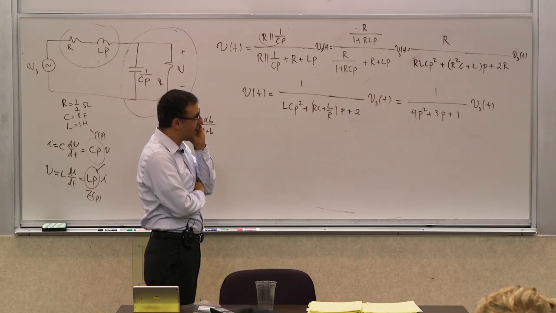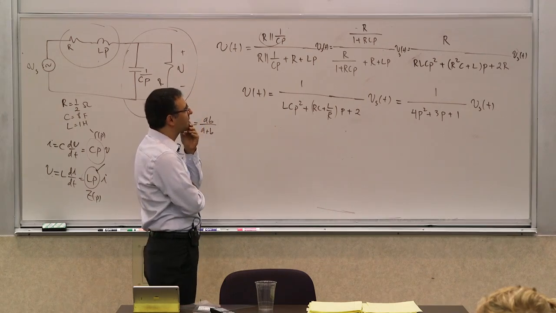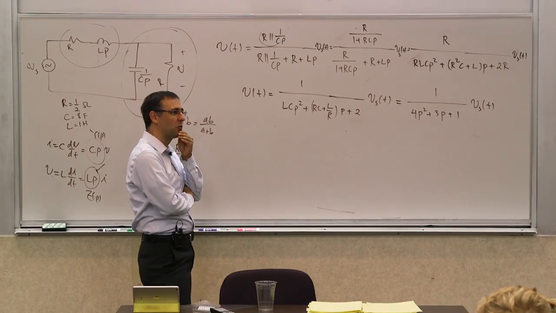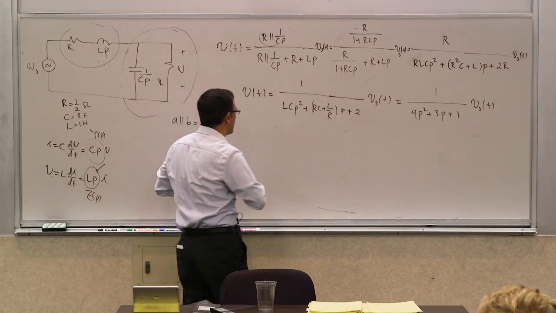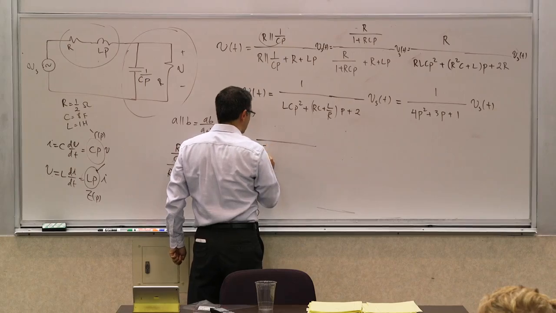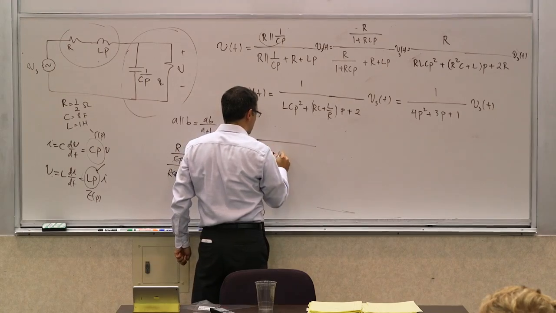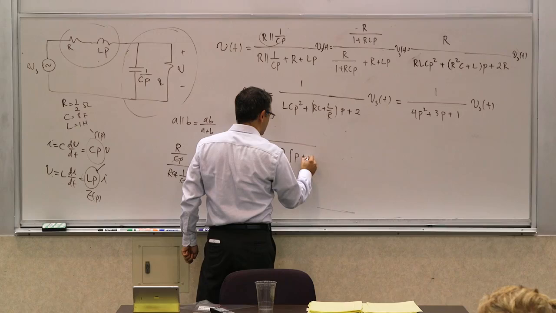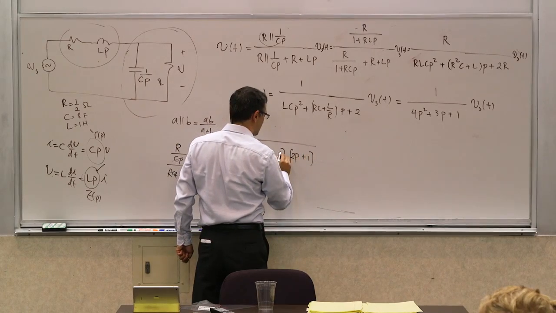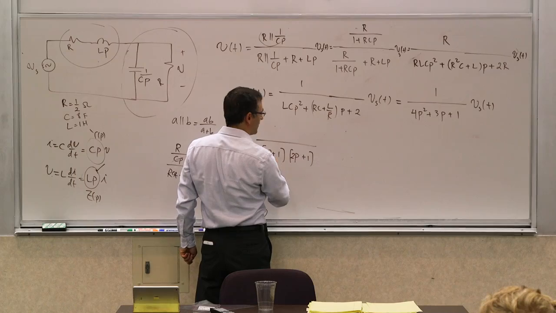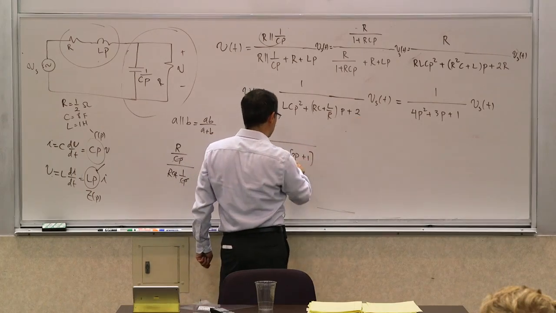So, okay, what do we do with this? Can we do something about that? Can you factor that? No? You sure? What is this? 4p squared plus 3p plus 1. Let's see, I'm not even sure if we can factor that.